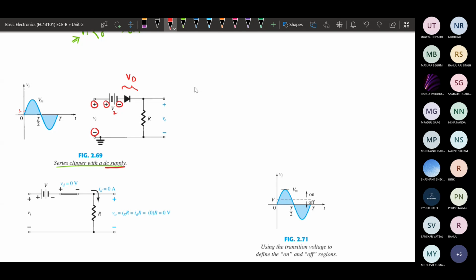In that case VD is related to V input minus V. In the ideal case the VD value is 0, so if V input minus V is greater than 0, then only the diode will be on.